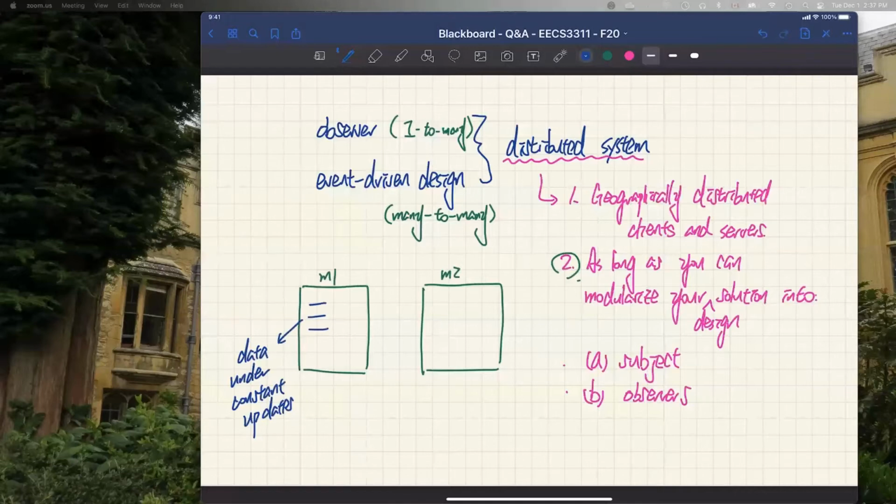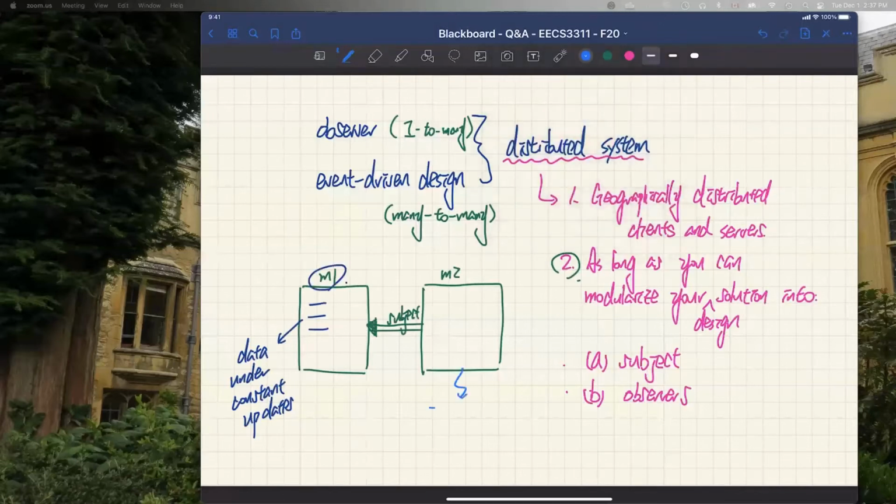Then you have some conceptual dependency: module 2 is the client, and module 1 is the supplier, the subjects. In order for module 2 to work for its internal computation, you will have to monitor whatever changes are happening in module 1.